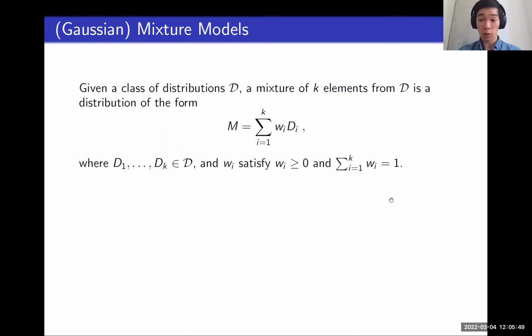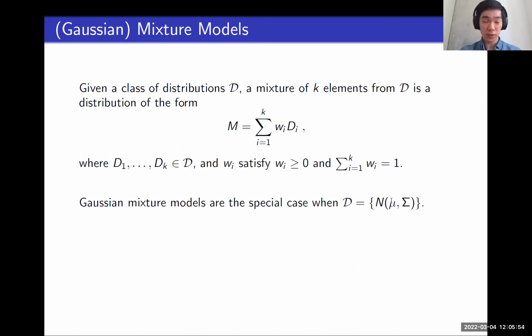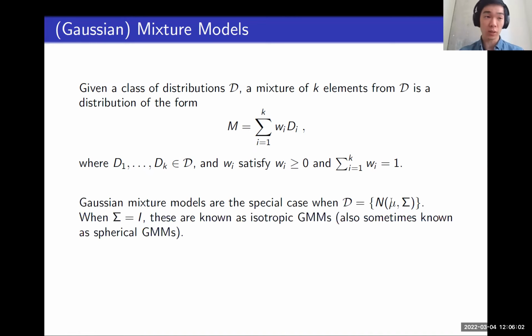Okay, so for most of this talk, we'll focus specifically on Gaussian mixture models. This is a special case when the family D is the set of Gaussians, so normal with mean mu and covariance sigma. And actually, we'll focus mostly on an even more specific case where the Gaussians are isotropic. This means that the covariance is the identity.